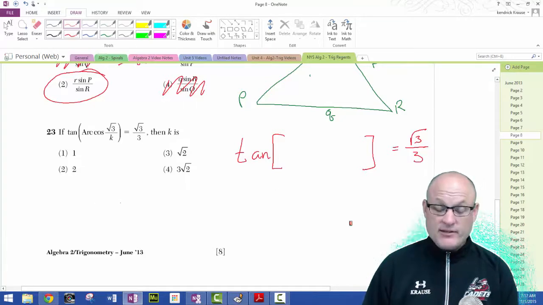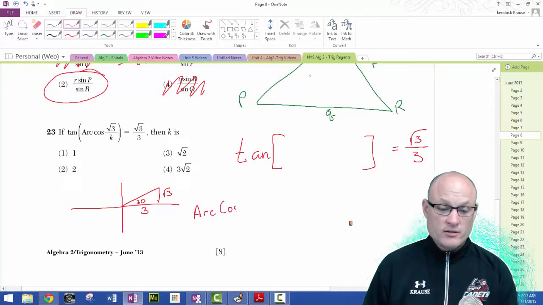And my kids are going to have to memorize that the tangent of 30 degrees is the square root of 3 over 3. So what I really want to know is arc cosine of the square root of 3 over what is really going to give me 30 degrees.